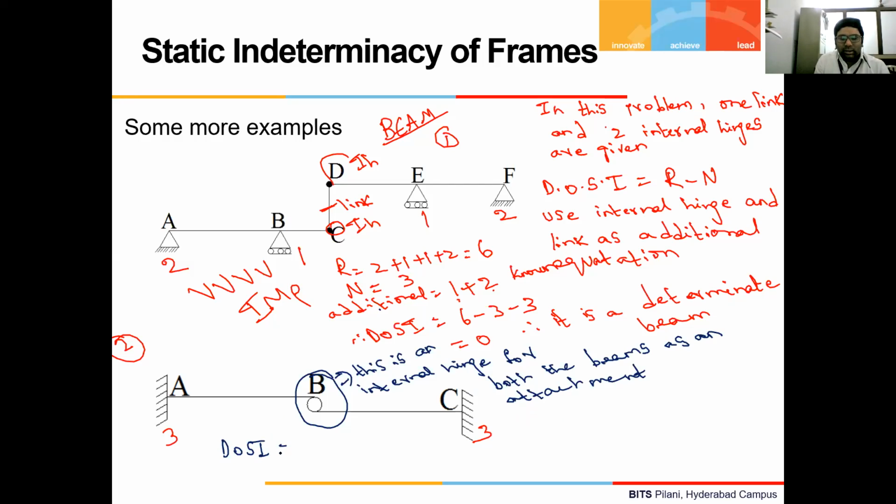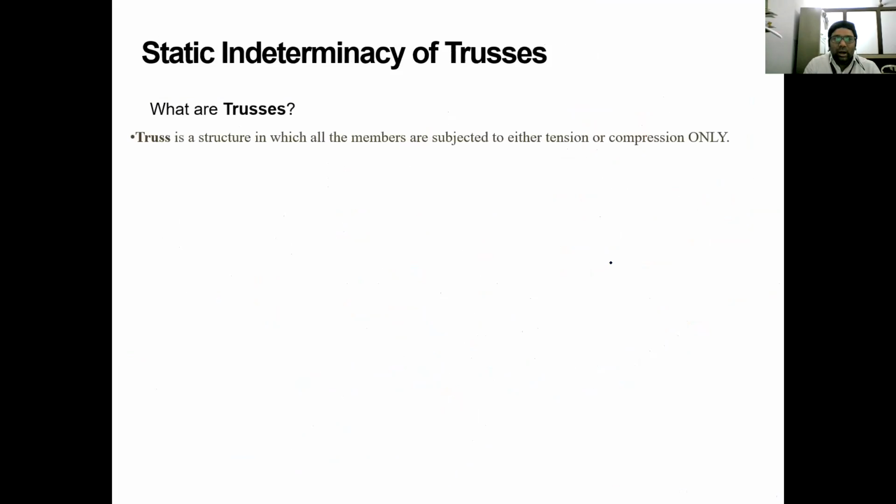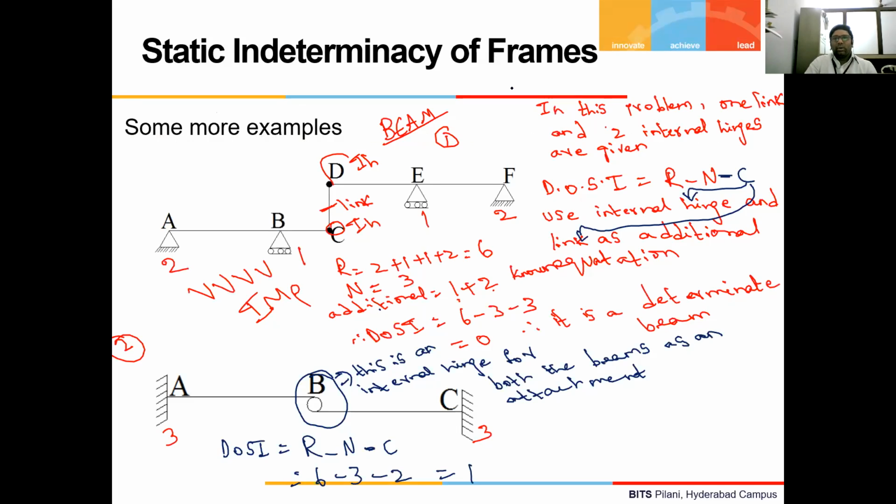So degree of static indeterminacy is equal to R minus N minus any condition. So let me write it as condition, C. C is internal hinge and C is link also. So how much it will be? 6 minus 3 minus 2, that is equal to 1. So statically indeterminate to first degree. One of these two are very important problems for consideration. So this is how we solve the degree of indeterminacy for a frame.